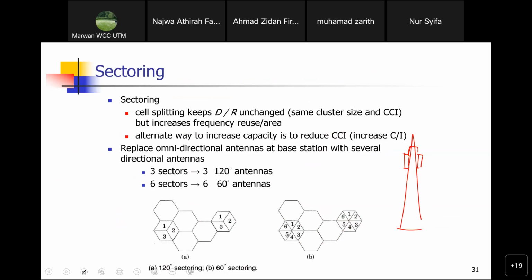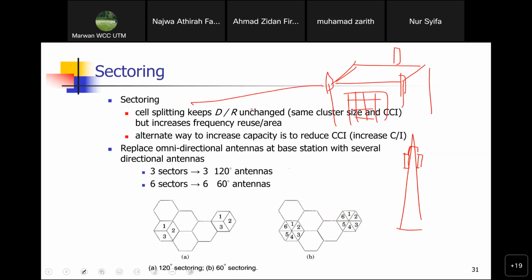Or sometimes if there is a building, if you notice some buildings, because they don't have a tower, what they do is they put an antenna here, one at the back. It looks like they use the building as the tower. This will cover one sector, one sector, one sector.